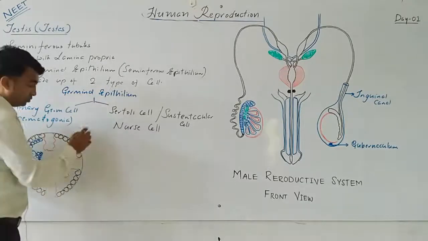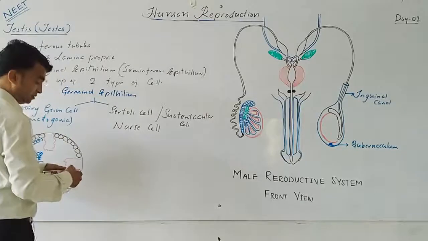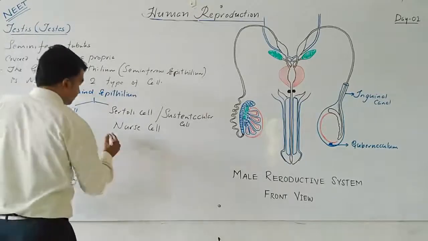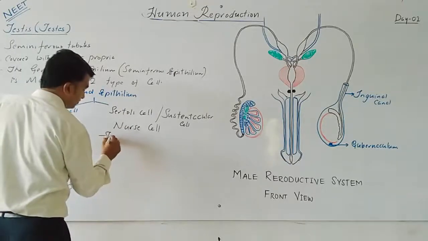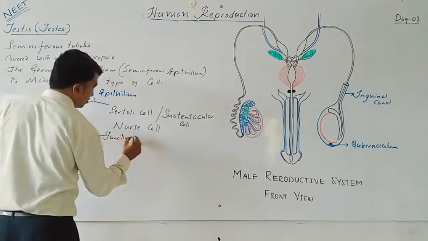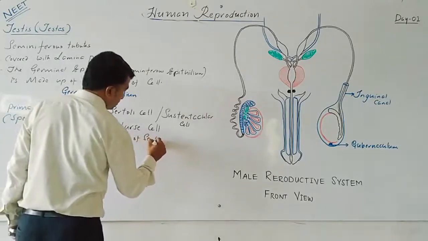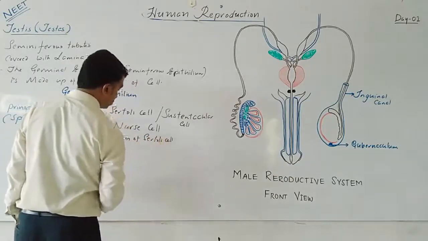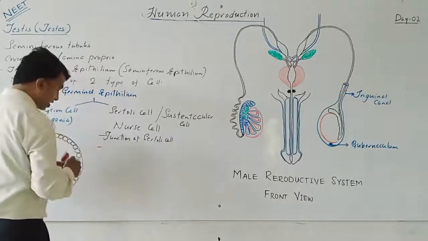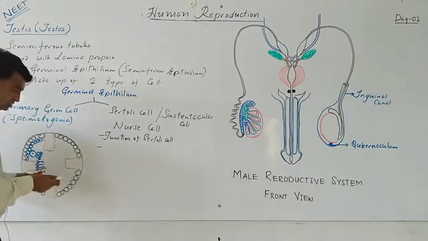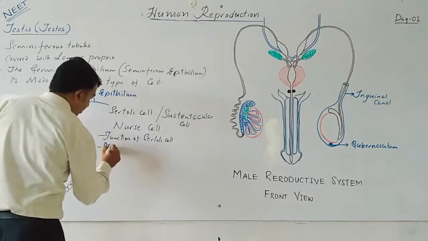So what is the main function of the Sertoli cell? It provides nourishment for the developing spermatozoa.